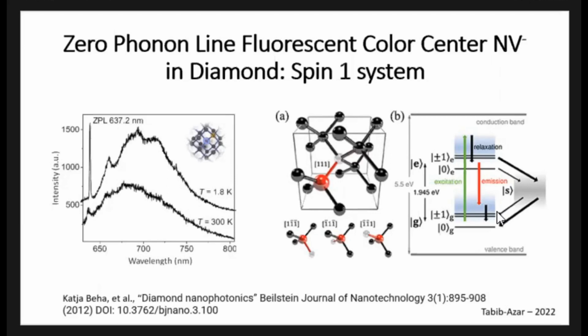Diamond has a band gap of about 5.5 eV from valence band to conduction band. These defects have their own band structure. If you hit it with a 532 nm laser, you put lots of electrons in the conduction band, and as they come back, they populate these defect centers.